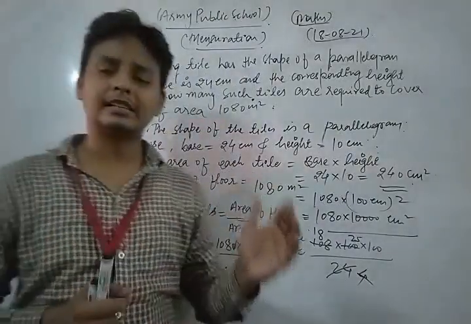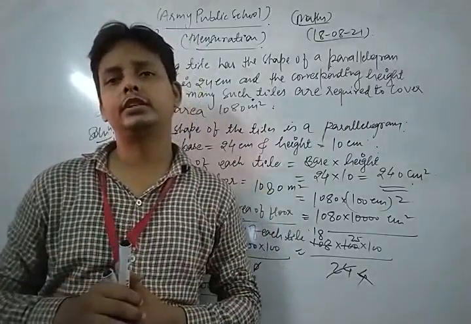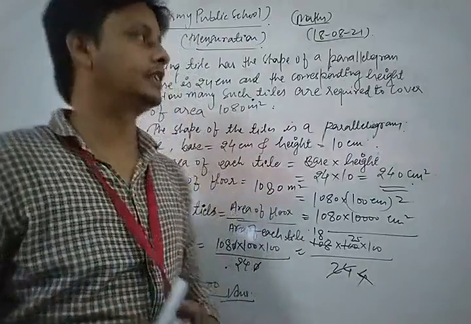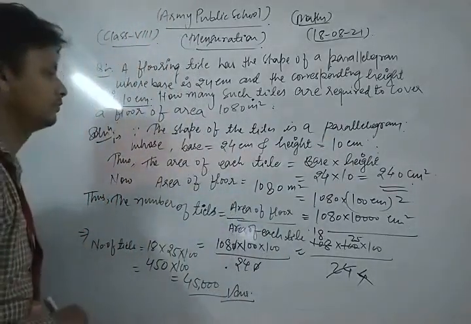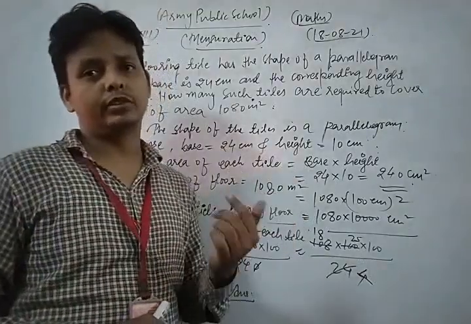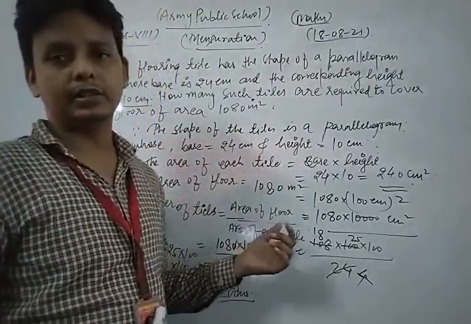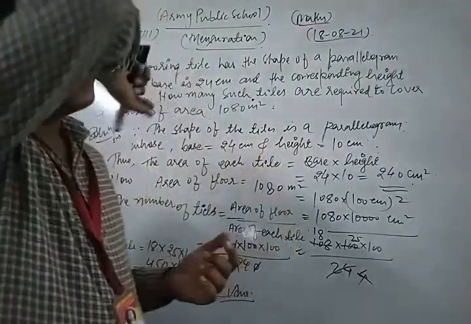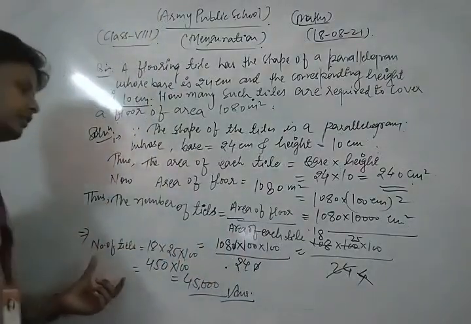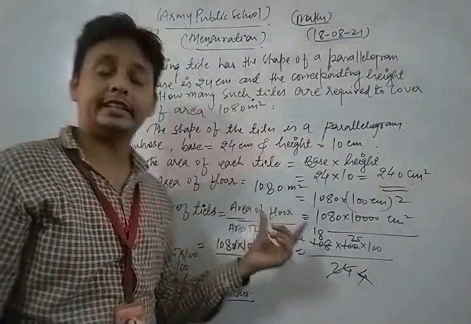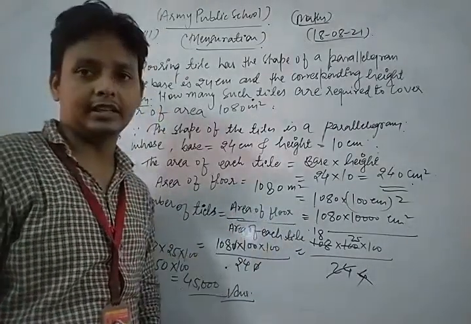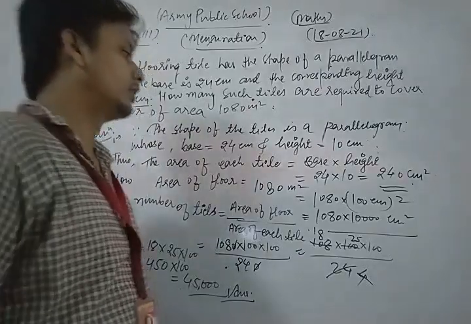So dear students, in this type of question, first of all, we find the area of each tile. After that, the area of the floor is given in meter square, so first of all we convert it into centimeter square. Then the number of tiles is equal to the area of the floor divided by the area of each tile.